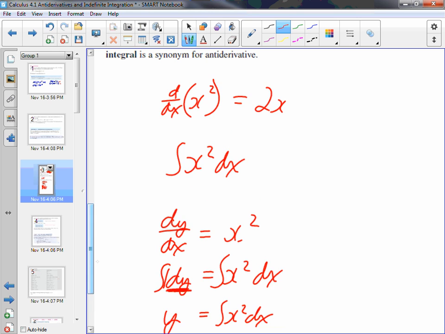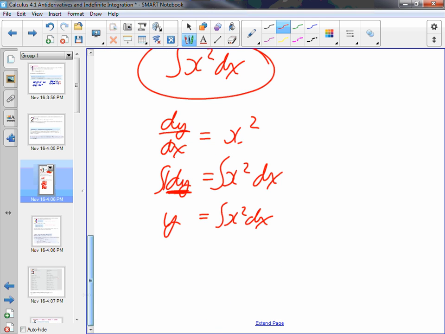So that's why that notation means antiderivative. Because what did we do to both sides? Took the antiderivative. Now, I'm kind of getting ahead of myself, and I'm kind of not. It's kind of a big pool of stuff. It's not really learn this, then this, then this. It's learn all this.